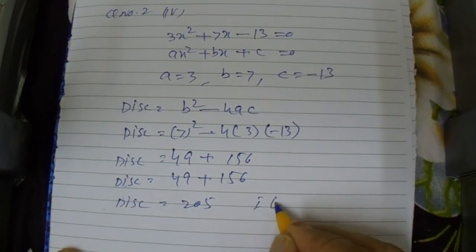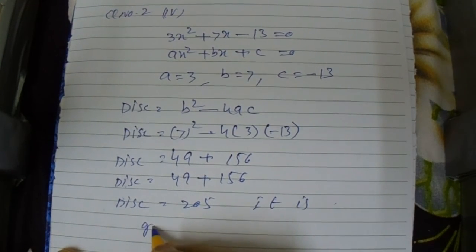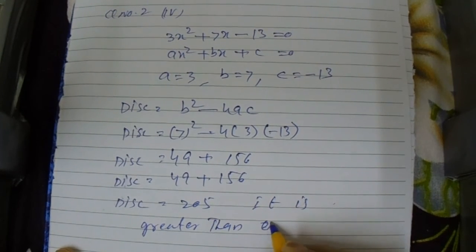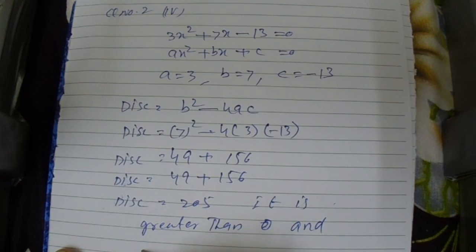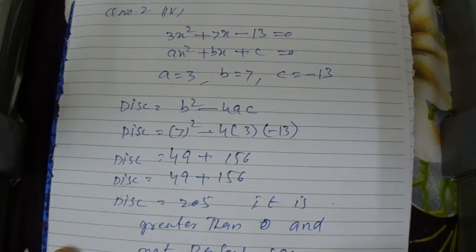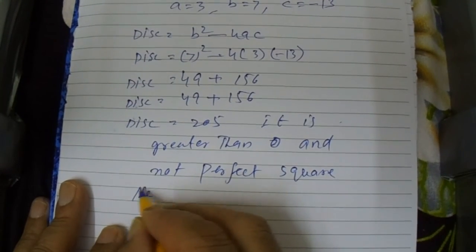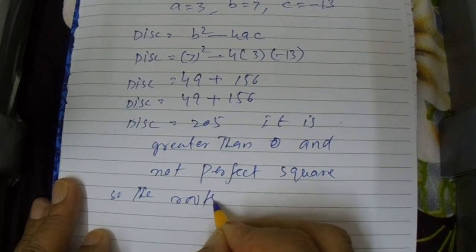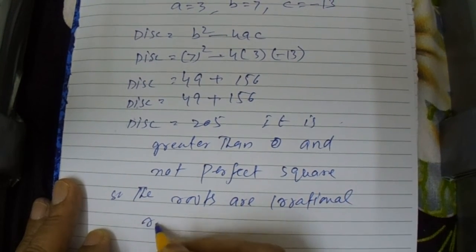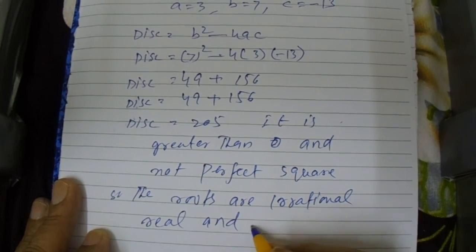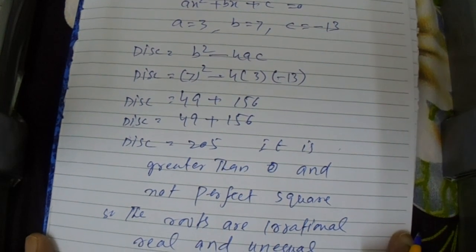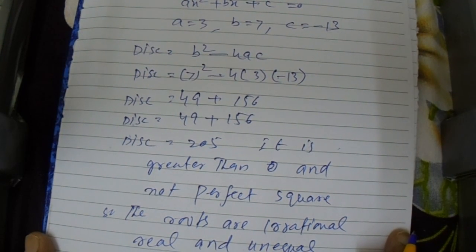Now it is greater than 0 and not a perfect square. So the roots are irrational, real and unequal. Now this is the second question. Now the remaining 2 questions you will do yourself and practice this.